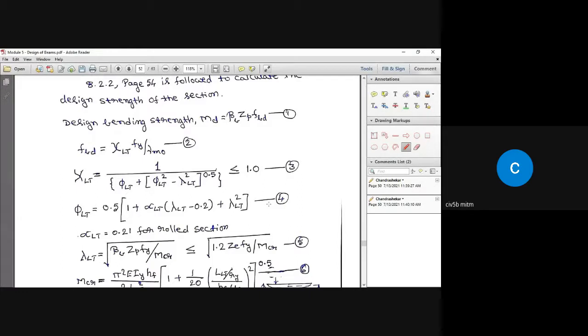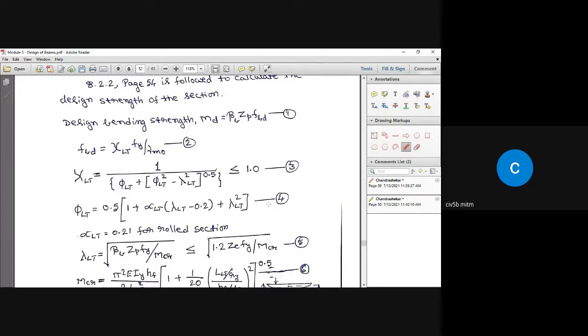It can be used only when the member is a prismatic member. Of course, the I section we have selected is a prismatic member made of standard rolled I sections. Welded doubly symmetric I sections, no, ours is not welded.